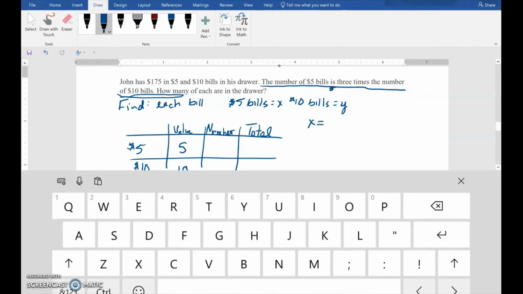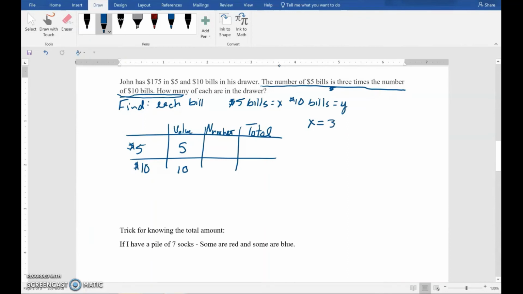We're calling $10 bills Y, so this would be 3Y. Okay, so X, we said is here, right? This is our X and that's our Y. So our X is 3Y. And then remember, we only want one letter, so let's leave that one as Y. We need to leave one as itself, and we're going to define the other in terms of the other.